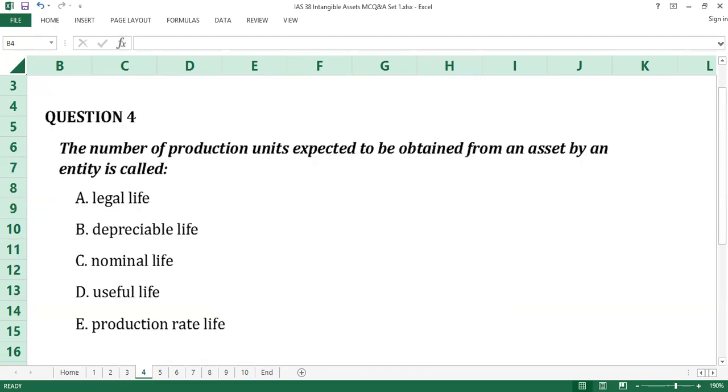Question number 4. The number of production units expected to be obtained from an asset by an entity is called dash. A. Legal life. B. Depreciable life. C. Nominal life. D. Useful life. E. Production rate life. Time counts.